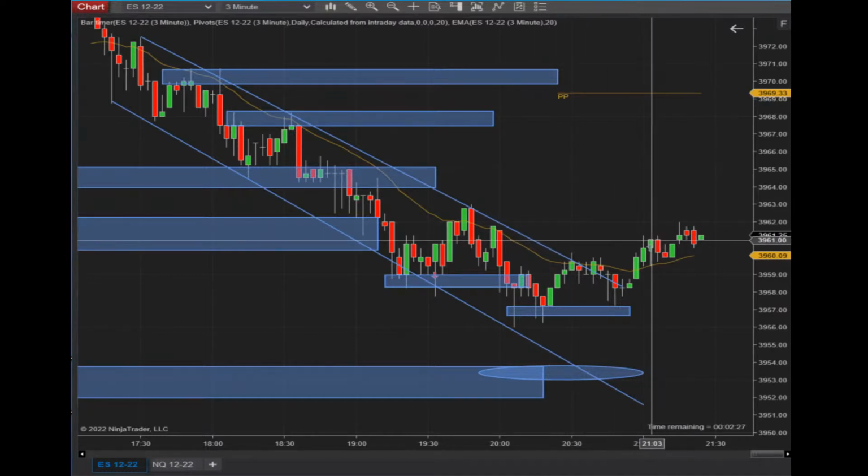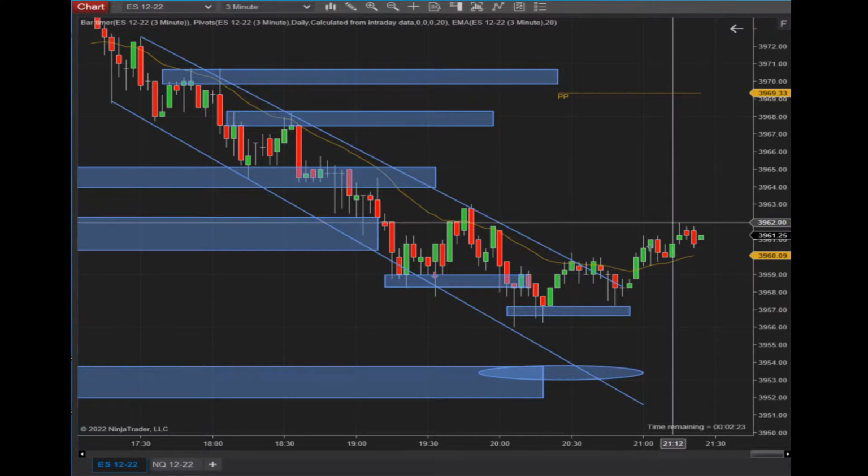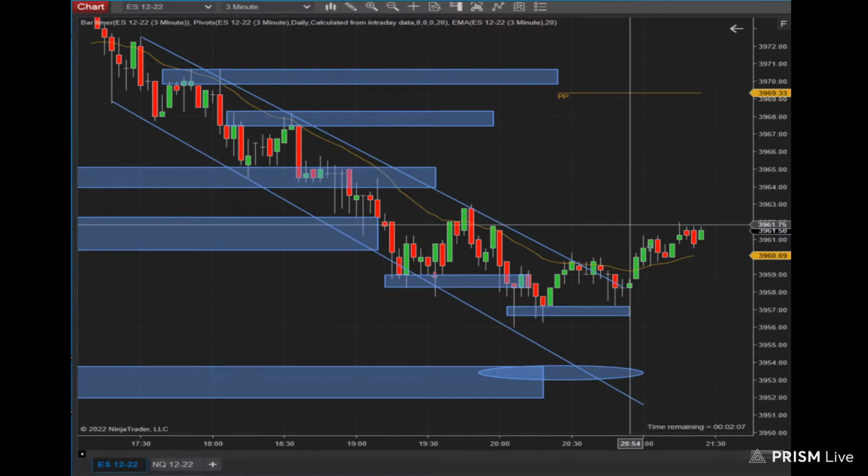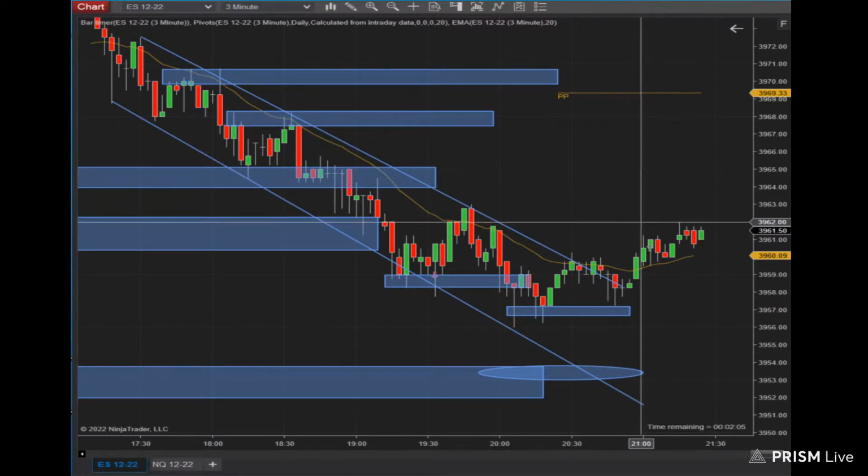It's potential that we could have hit our target up here, but it only touched the 62. It did not go through it, so we may not have gotten filled. But this one looks like it's showing some energy. But that's okay. I don't want to look in the rear view mirror. It's going to do what it's going to do now.